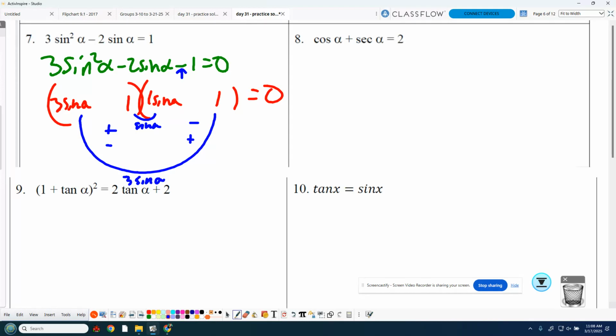Do I want 3 minus 1 to get positive 2 or 1 minus 3 to get negative 2? I want this guy to be the negative. So for that guy to be the negative, it goes negative here and then plus. Or you can do the splitting the middle term. I don't have the space for it up here.